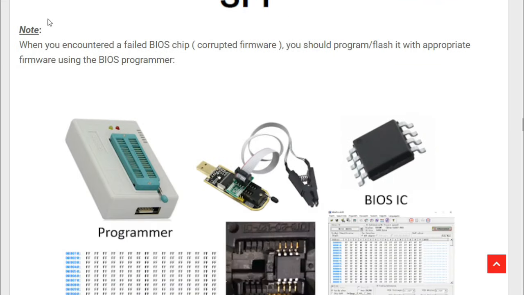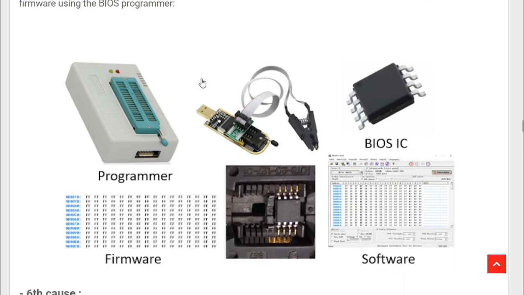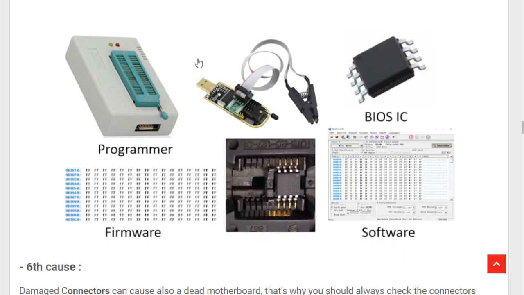Okay, so note, when you encounter a failed BIOS chip with corrupted firmware, you should program or flash it with the appropriate firmware using a BIOS programmer. So the solution for a corrupted software or a corrupted BIOS is easy. You can use a programmer, like this programmer or even this programmer, okay, and reprogram the BIOS IC using another software, a good software.